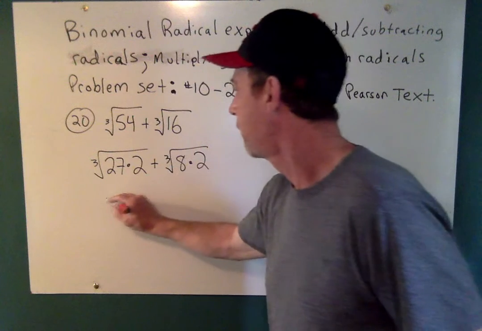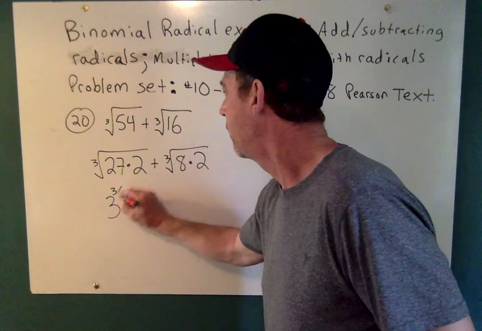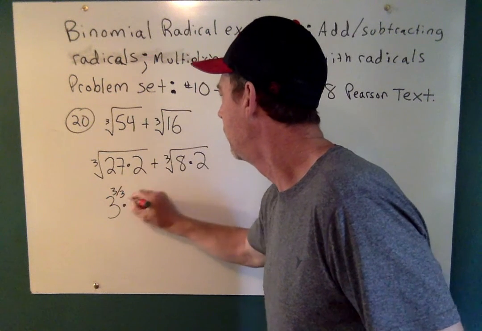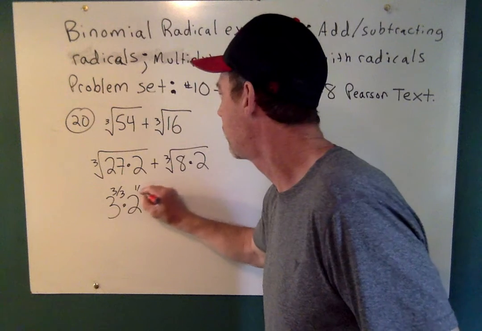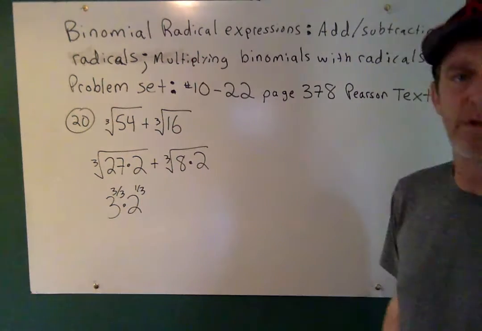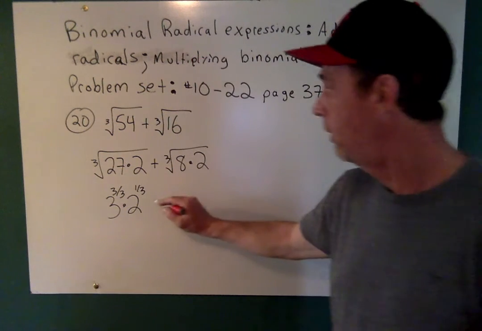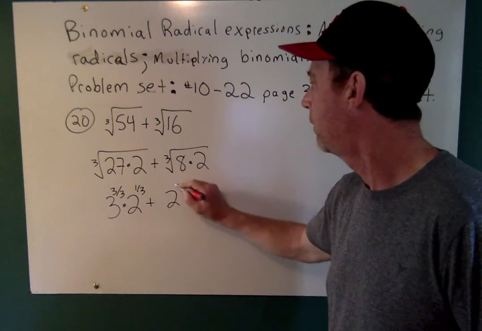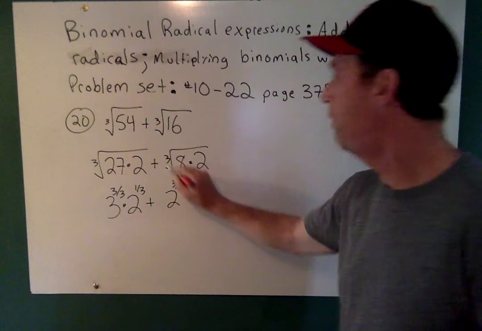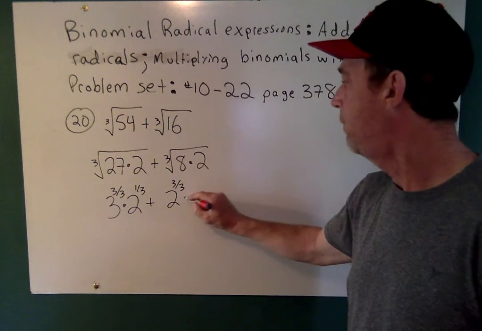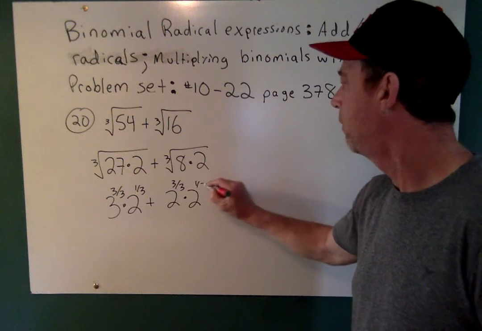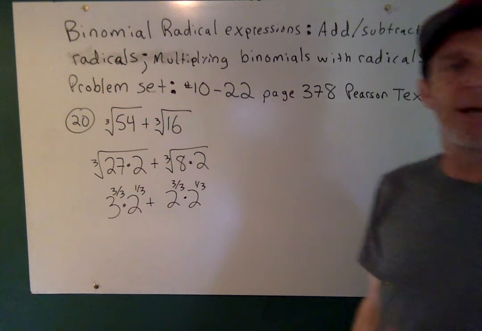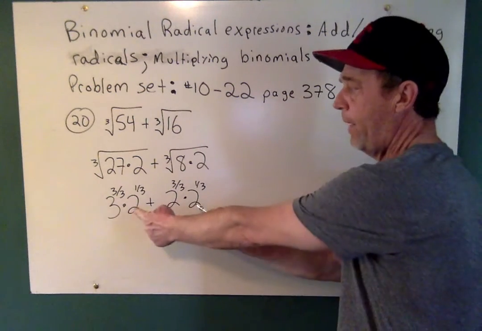So 3 to the third over 3 times 2 to the first over 3 is the first radical. Plus, 2 to the third is 8, over 3, my denominator, times 2 to the 1 over 3. And you can see how it's tying into the lesson with the common factor.